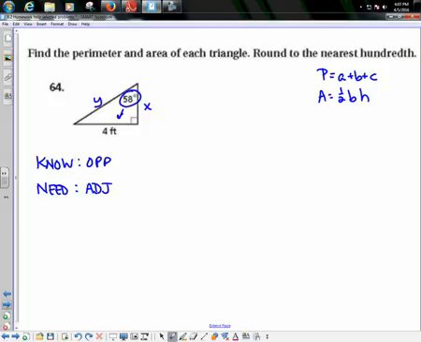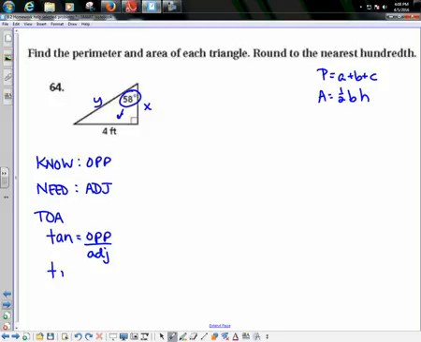I also need to know the hypotenuse. I'll do that in a second. All right, so I can say SOHCAHTOA in terms of 58. I need to know which of the trigonometric ratio uses opposite and adjacent. So it's TOA.